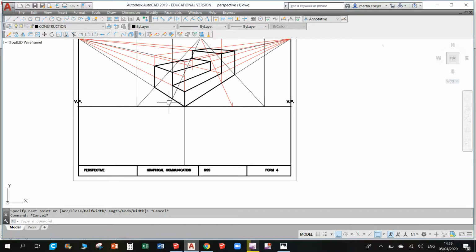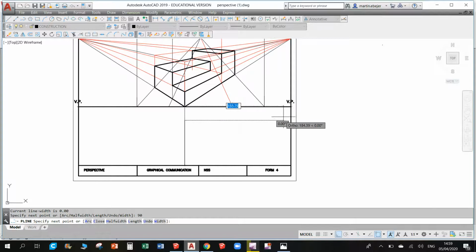The drawing we said is going to be 90 millimeter. So first thing we're going to do, from the lowest point, we're going to measure 90 millimeter. From the 90, I'm going to join the vanishing point.